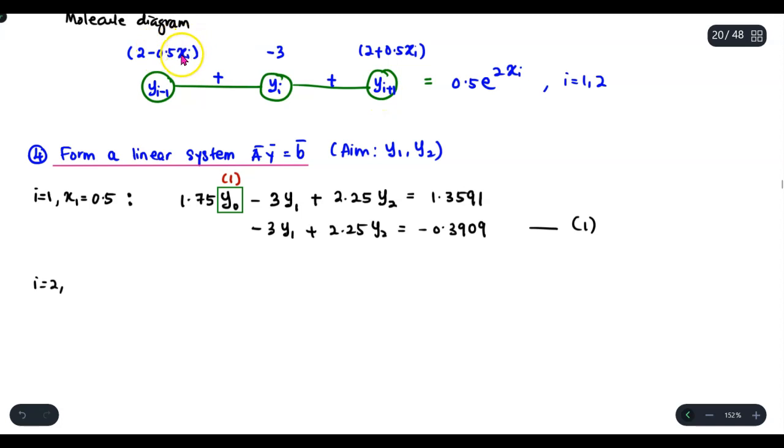And the coefficient, okay, so you will now use xi here, which will be x2, because your i is 2. So your x2, based on your grid, is 1. So the coefficient will be 2 minus 0.5 times 1.